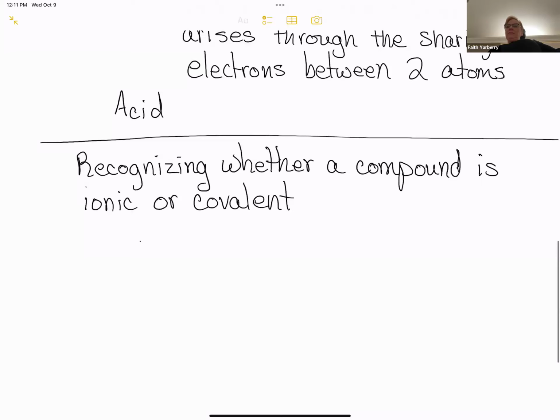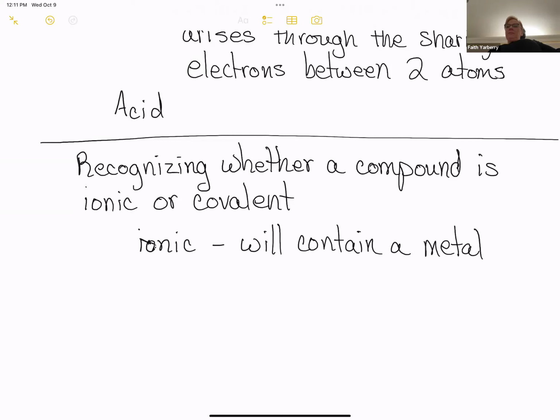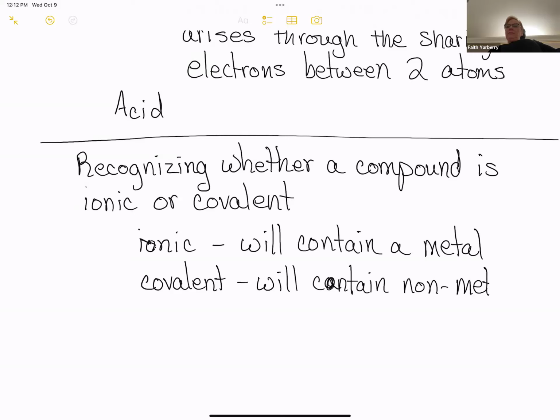The key is an ionic compound will contain a metal, whereas a covalent compound will contain nonmetals and metalloids only.